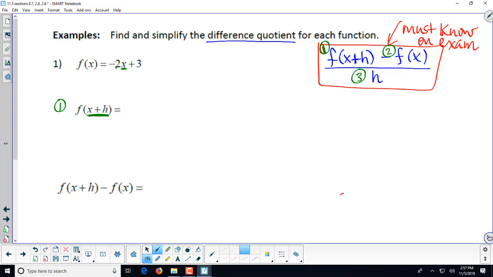If you love algebra, can you do this? Pretty basic stuff, right? So it's -2 times x plus h, plus 3. And then simplify it.